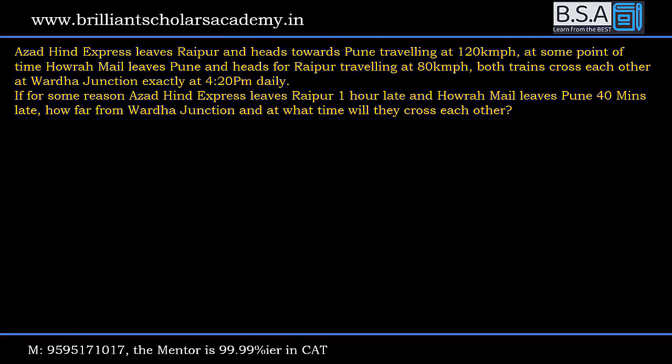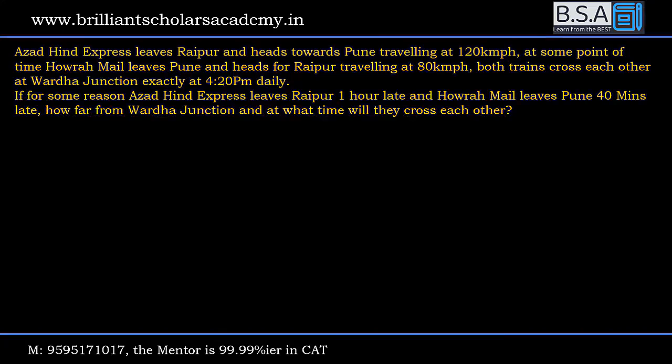Azad Hind Express leaves Raipur and heads towards Pune, traveling at 120 kilometers per hour. At some point of time, Havana Mail leaves Pune and heads towards Raipur, traveling at 80 kilometers per hour. Both trains cross each other at Wardha Junction exactly at 4:20 p.m. daily.